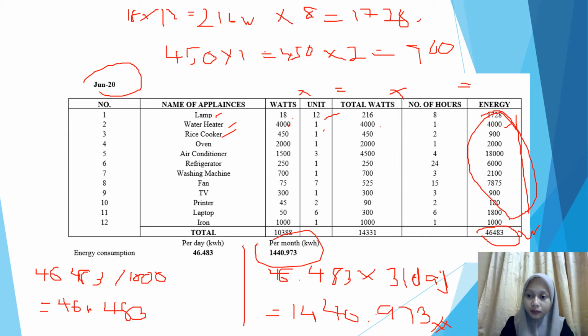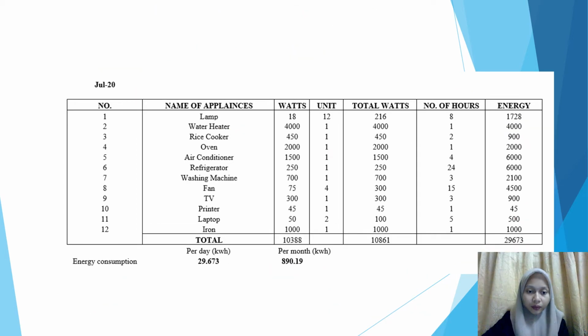Now I proceed to July 2020. For example, I take the air conditioner. The watt is 1015. The unit is 1.